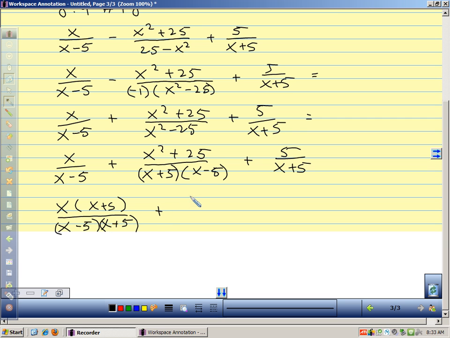This one's okay because I have my common denominator already: x squared plus 25 over x plus 5, x minus 5. Plus, and I have to multiply this by x minus 5.